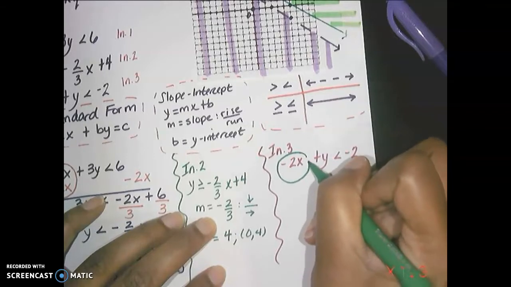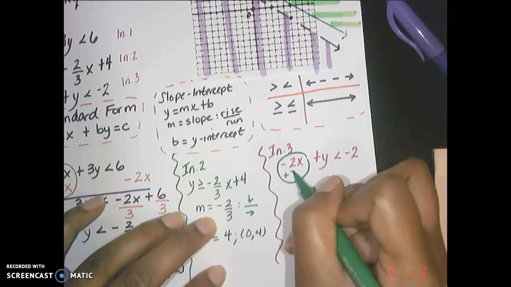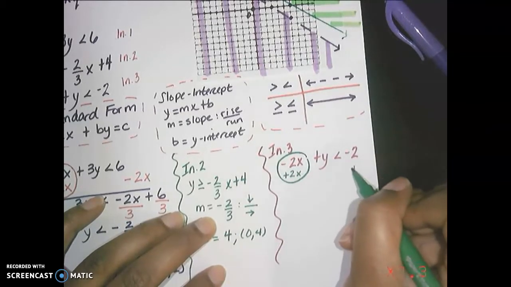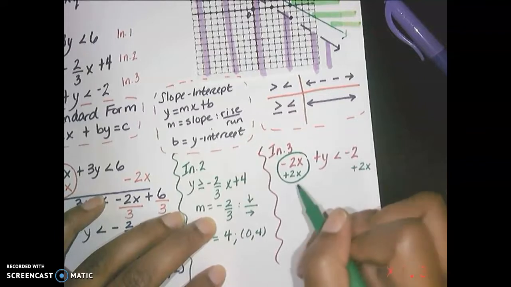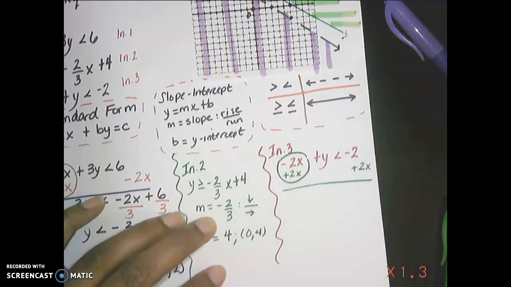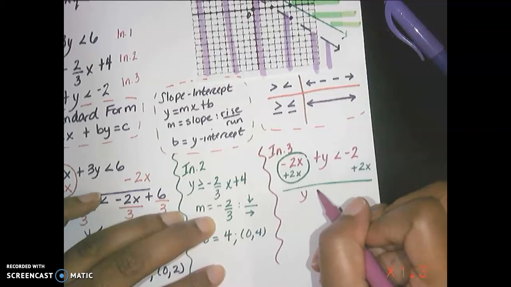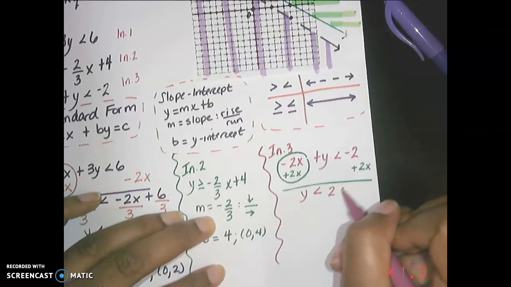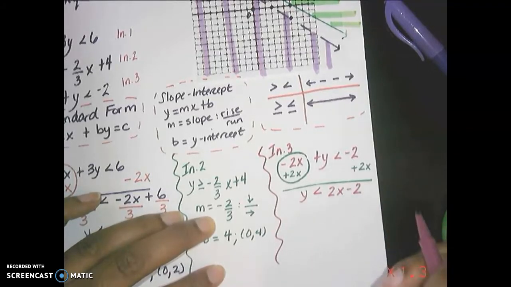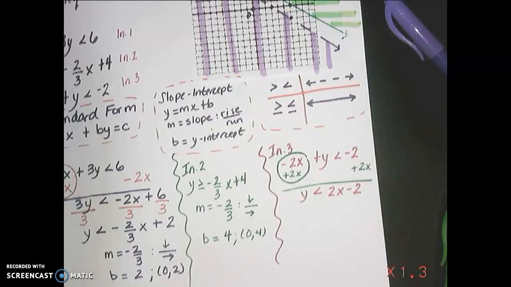The only way to make it a 0 is to add 2x on both sides. Moving everything over, that leaves us with y is less than 2x minus 2.